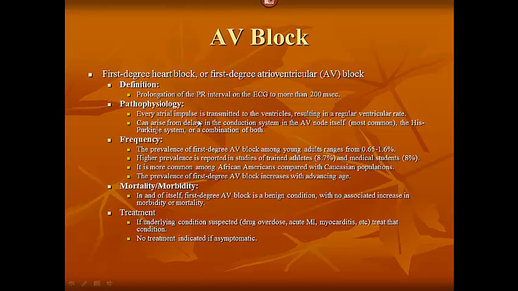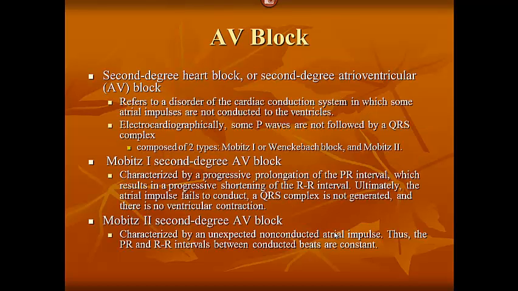Okay, and here we are talking about the same characteristics that I already discussed, and the treatment will be basically trying to diagnose the underlying conditions such as drug overdose, acute myocardial infarction, etc. If the patient is asymptomatic, a first degree AV block needs no treatment.